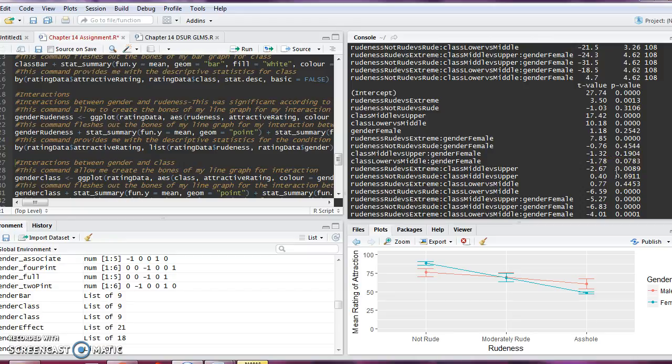So what this tells us in comparing lower to middle class, and just looking at the p-value really quickly, it's actually greater than 0.05. So this suggests that there is no significant differences in attractiveness ratings by levels of rudeness in accordance to gender. So basically what this means is that there are no gender differences.